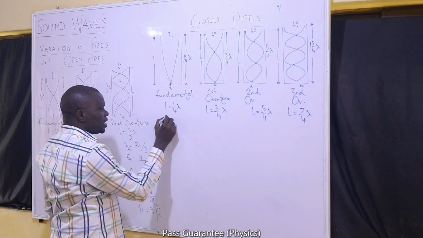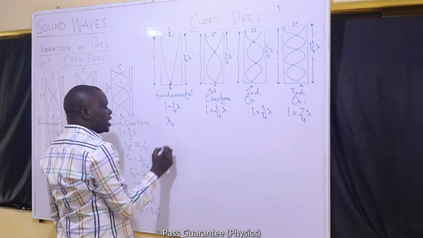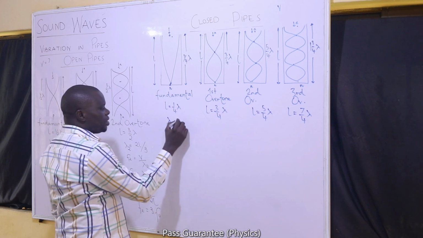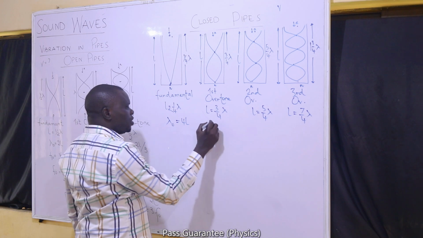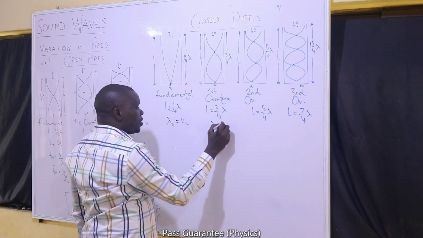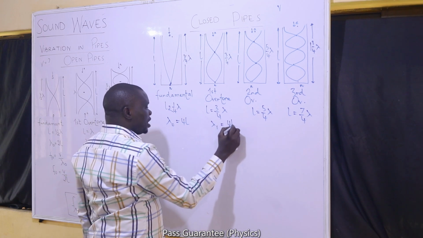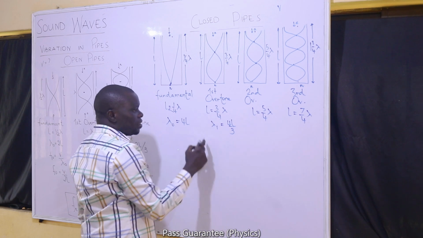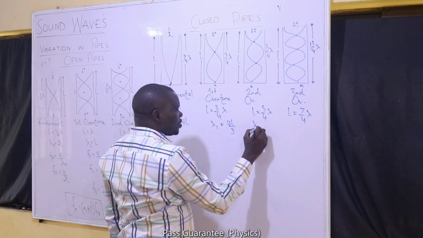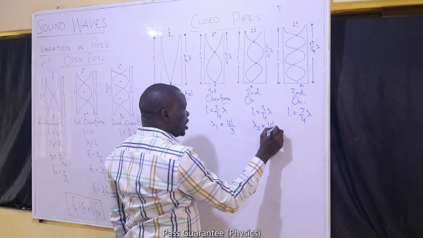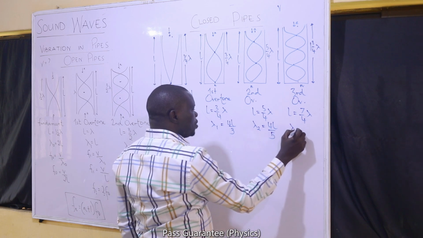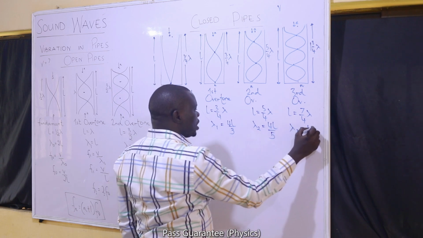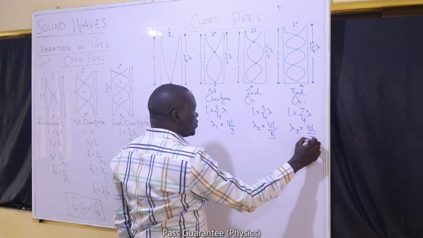So the wavelength of the fundamental will be 4L. Making it the subject of the formula, the wavelength of the first overtone is 4L/3. The wavelength of the second overtone will be 4L/5, and the wavelength of the third overtone will be 4L/7.